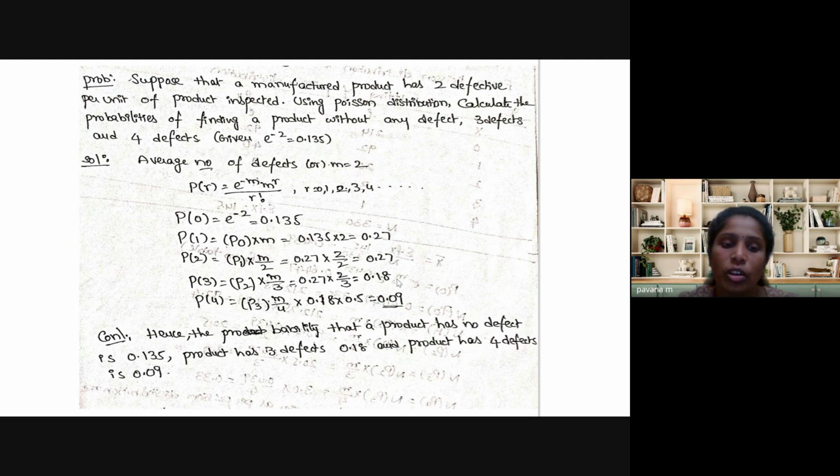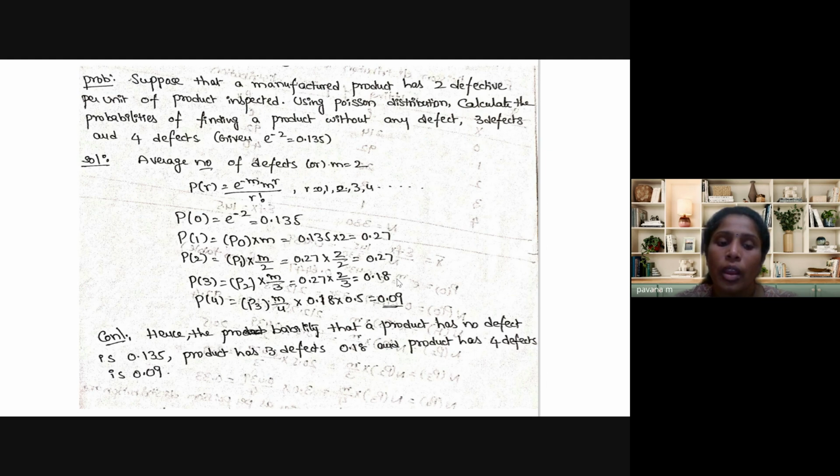And for two defectives, P of 2, that means two defectives on each and every product, you have to calculate the probability. P of 2 means e power minus 2 into 2 power 2 by 2 factorial.